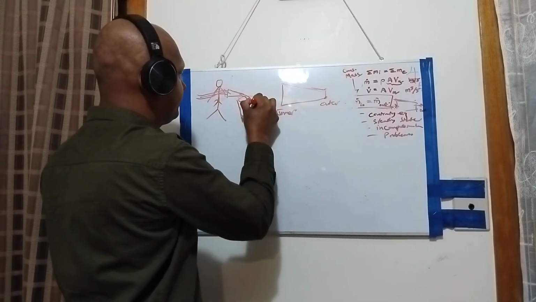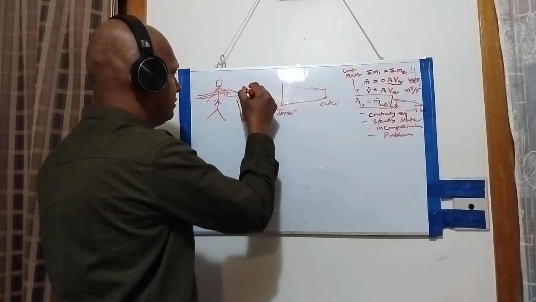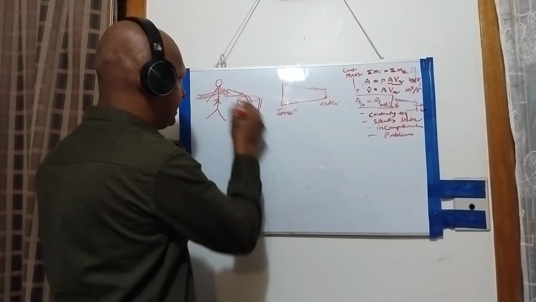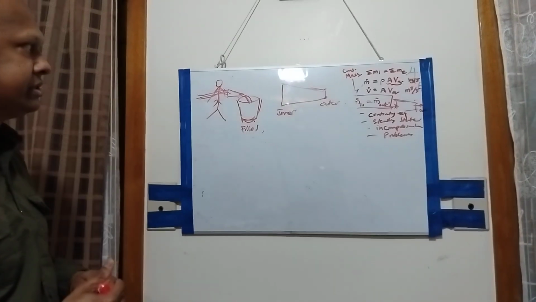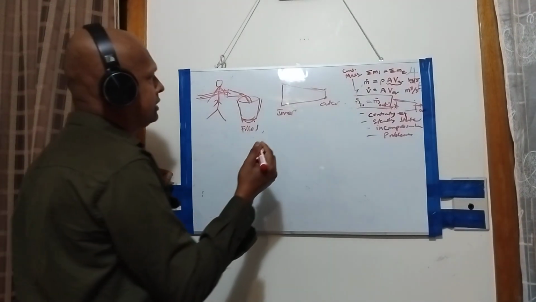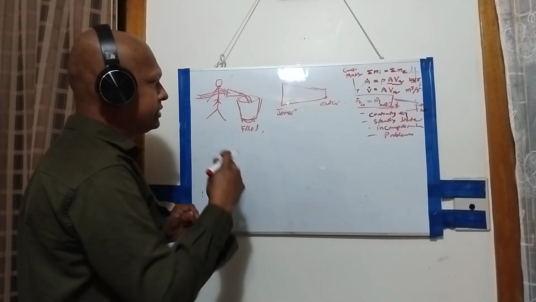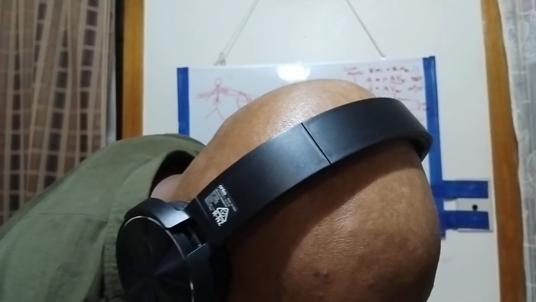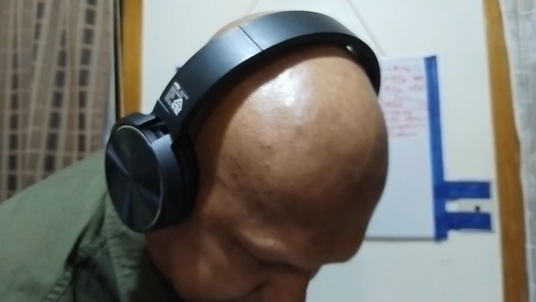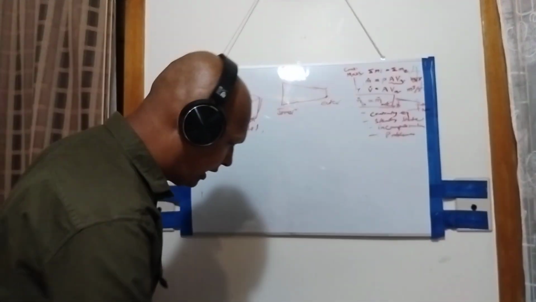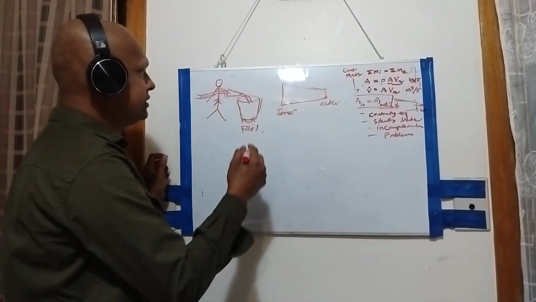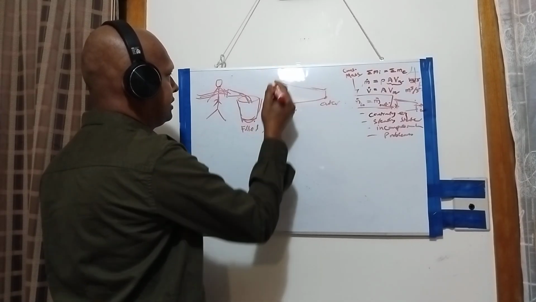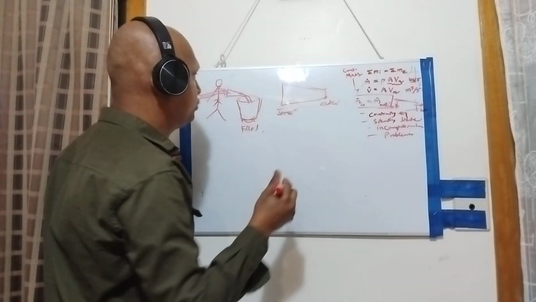The water bucket is getting filled by this man. And it says in the problem, the water bucket is 45 liters, which is about 10 gallons.